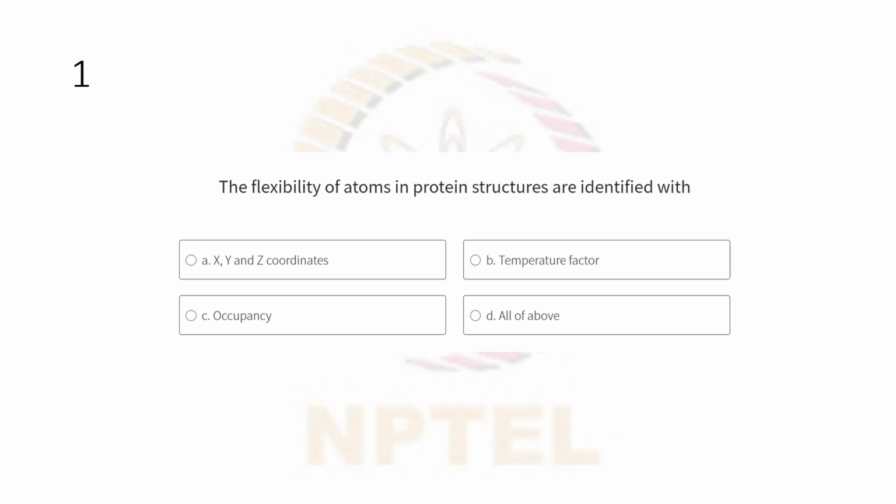For example, when we say the topology of an alpha helix, it means it has a spring-like or coil-like structure. And there are many different situations where the term topology has been used. For example, we also use this term for something that doesn't change or deform.